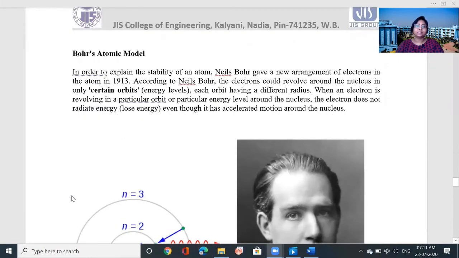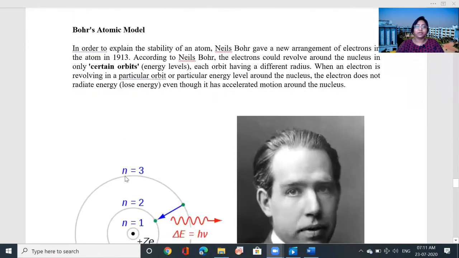So this is Bohr's atomic model, by Niels Bohr. In order to explain the stability of an atom, Niels Bohr gave a new arrangement of electrons in the atom in 1913.